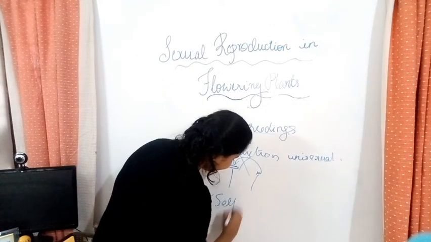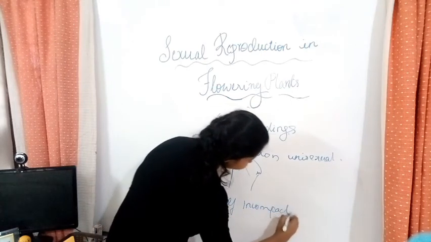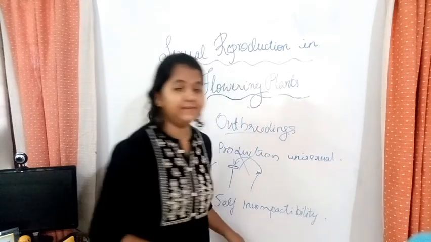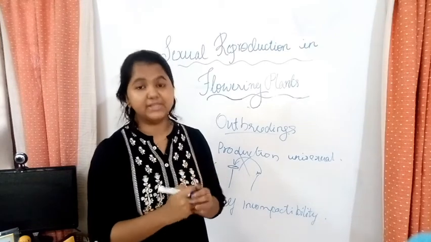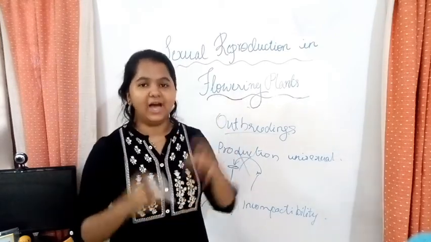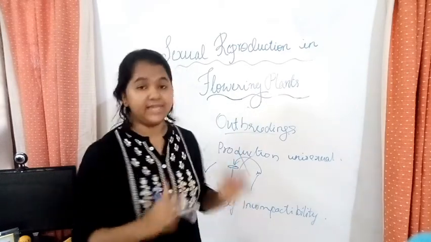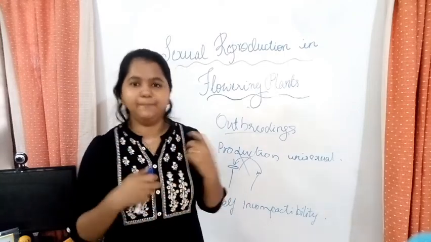Okay, and the third one is self incompatibility. What do you mean by self incompatibility? I told you for the pollens to germinate, there should be compatibility. If it is on the same flower and they reject the pollen, what would happen? Then there won't be germination of the pollen grains.